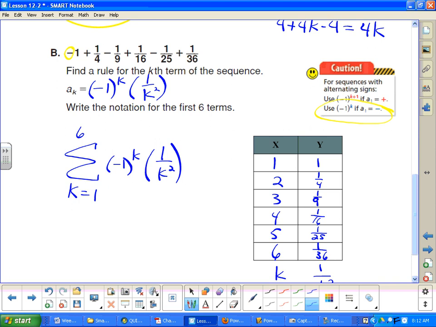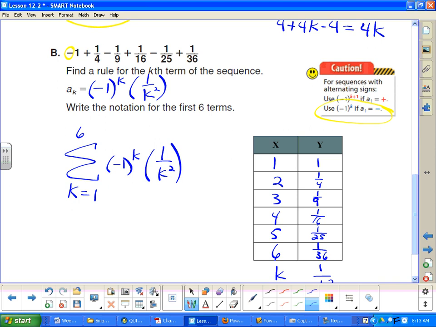All right. So now, if I put 1 in for k, what's negative 1 to the first power? Negative 1 to the first power is negative 1. And then 1 squared is 1, so we'd have negative 1 times 1, which is negative 1. That works. If we put 2 in here for k, what's negative 1 squared? Positive 1, because negative 1 times negative 1 is positive 1.